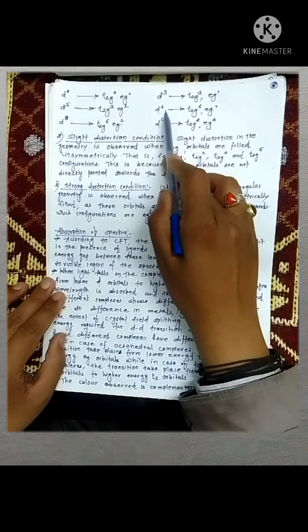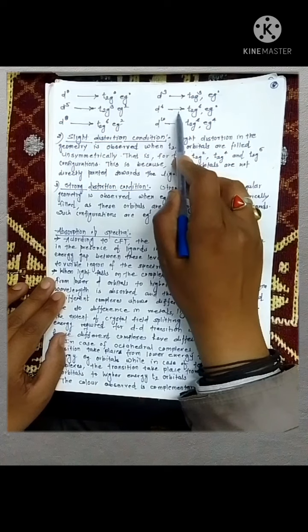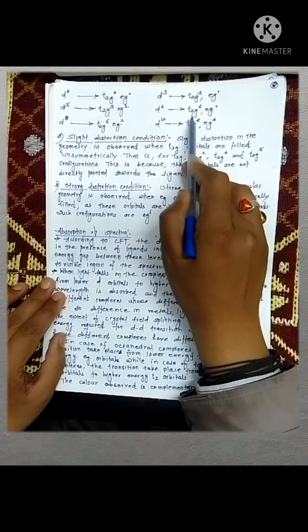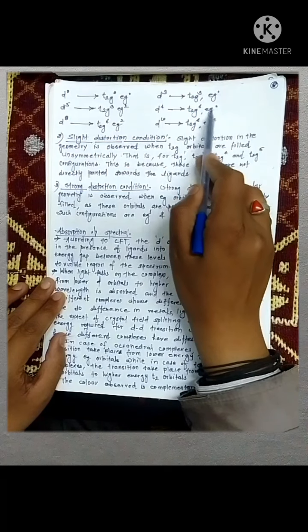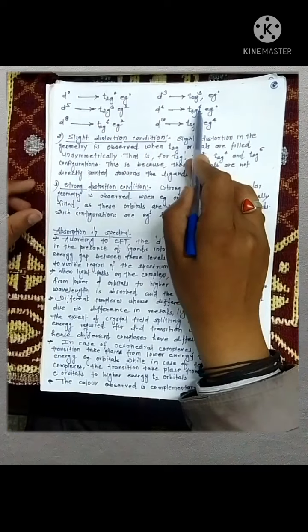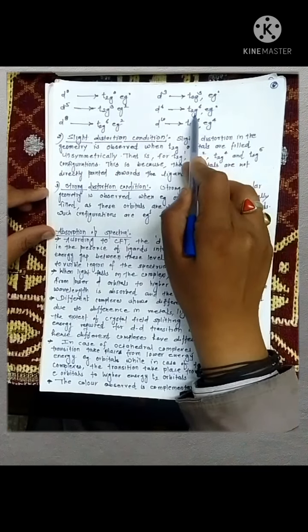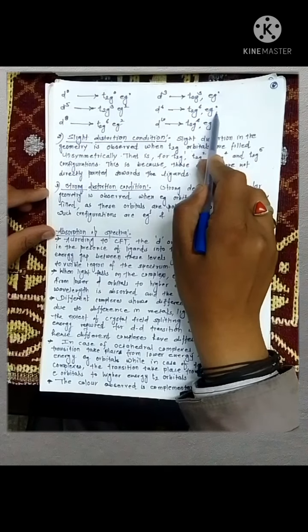In d6, if the d orbital has 6 electrons placed in this fashion, that is T2g6 and Eg0, then the T2g set of orbitals is fully filled while the Eg set is empty. So in this case also no distortion takes place.